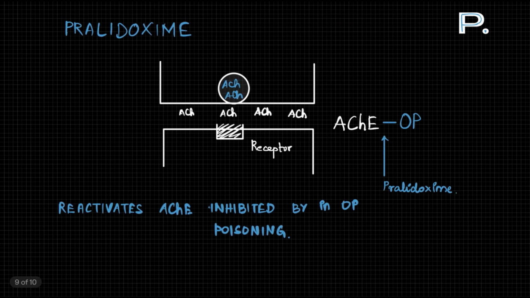Now let's proceed with the next drug, pralidoxime. In the previous slides, I mentioned that pralidoxime is best given before 48 hours. The 48-hour window is when the organophosphate becomes irreversibly bound to acetylcholine esterase. We call this enzyme aging. So, in a simple sentence, pralidoxime is best given before enzyme aging.